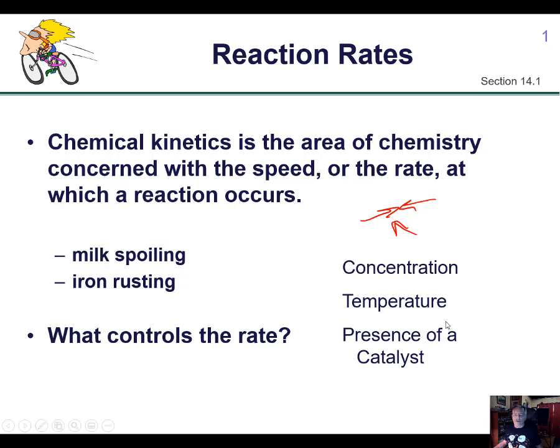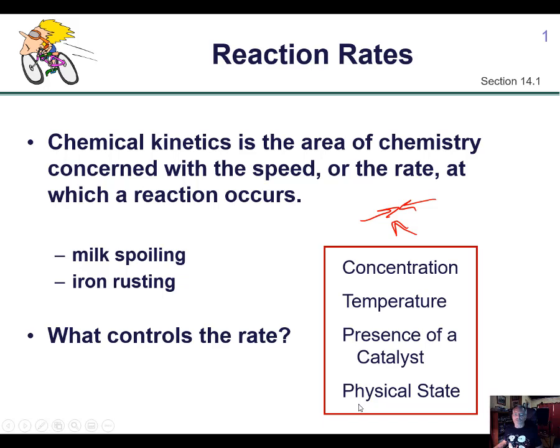The presence of a catalyst can speed up a reaction without actually participating in the reaction itself. Or if it does participate in the reaction, it gets returned at the end of the reaction, so the concentration of the catalyst doesn't depreciate over time.